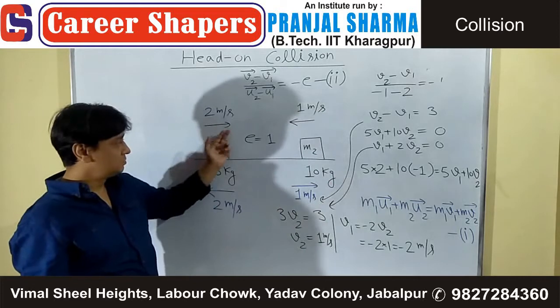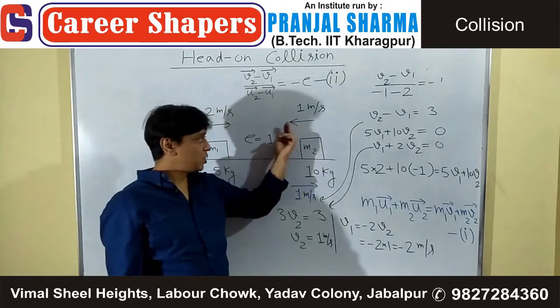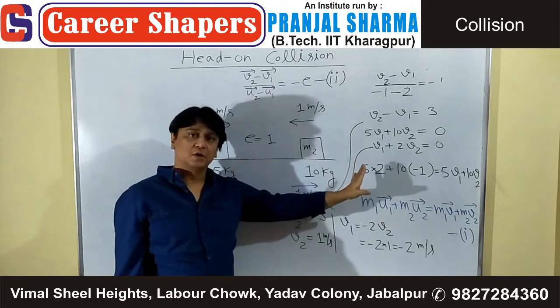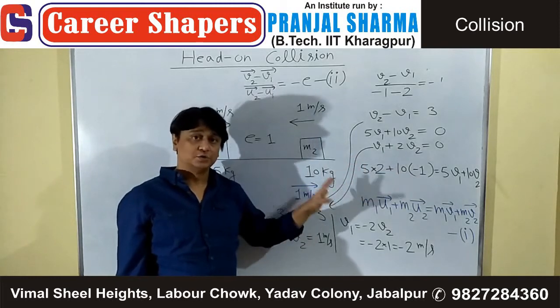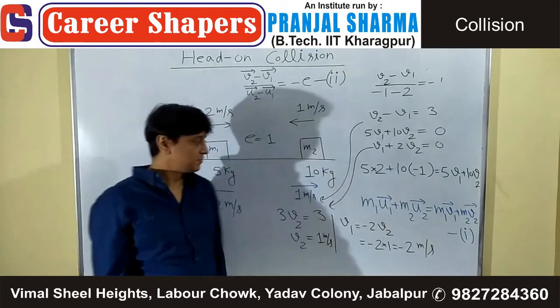It's moving with 2, it will move in the opposite direction. It's moving with 1, it will move in the opposite direction. That's how you can use these concepts as direct results.